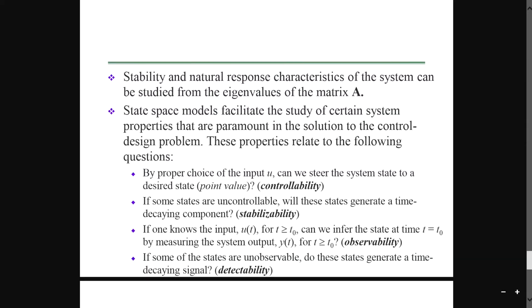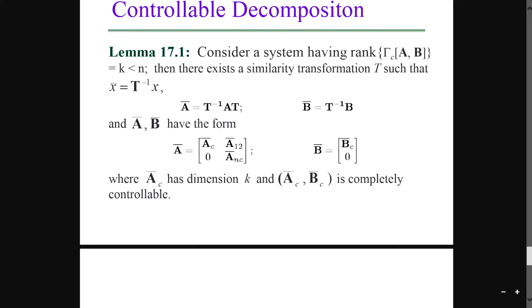And your stability and natural responses can be studied from the eigenvalues of the matrix A. So whether it's your A controllable or your A non-controllable, you're going to find its eigenvalues. This is something I would highly believe, or maybe I'm wrong, because this A over here is already a system of a level of matrices, AC.